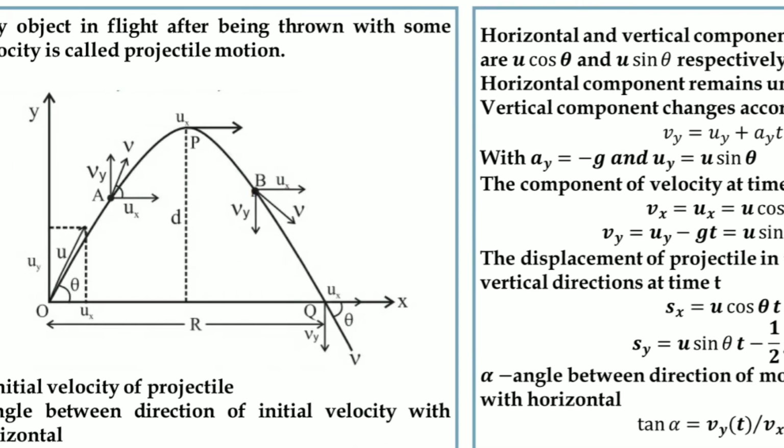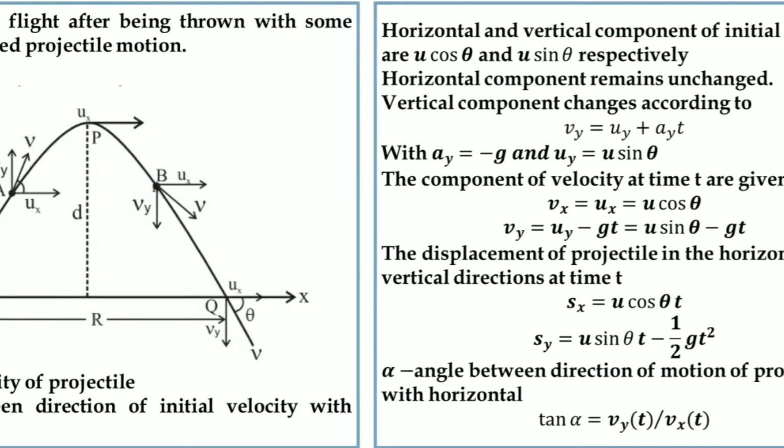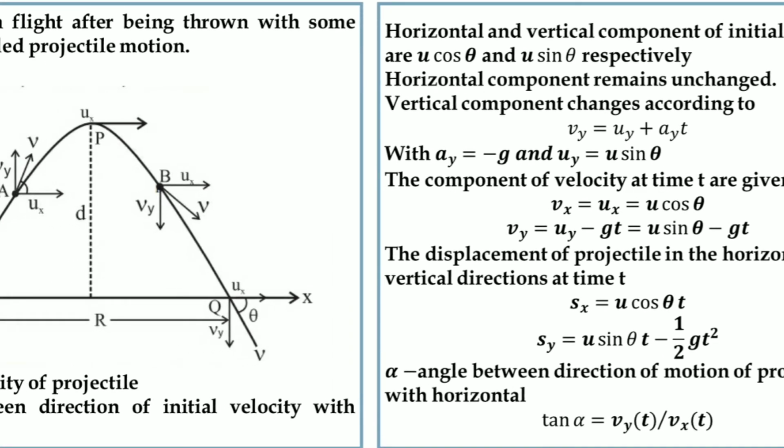So ux is along the x direction, that is u cos theta, and uy is u sin theta. The horizontal component of velocity remains unchanged.